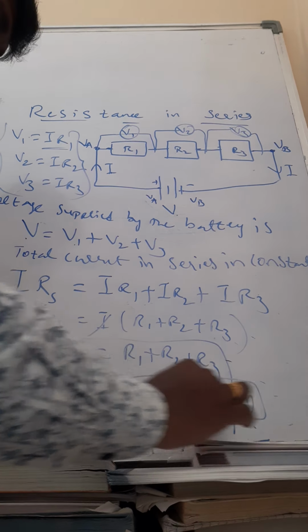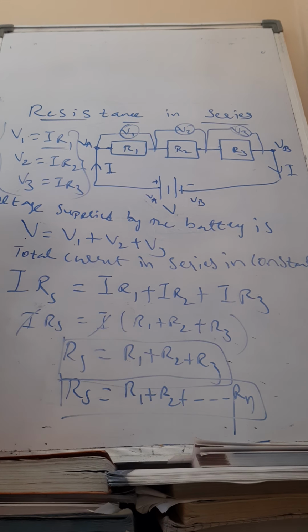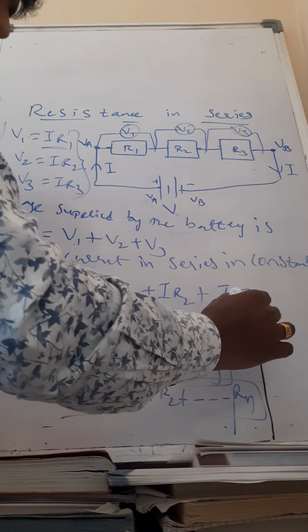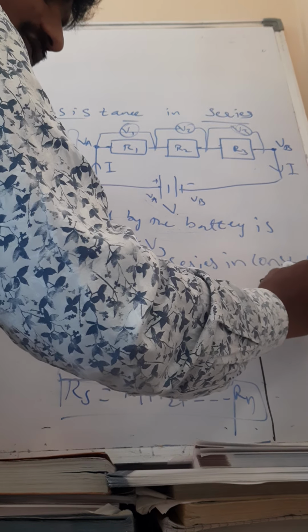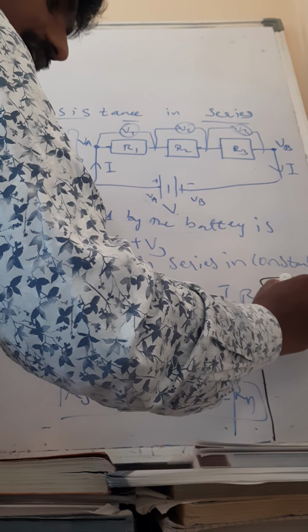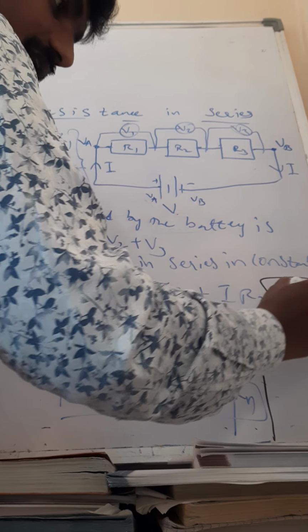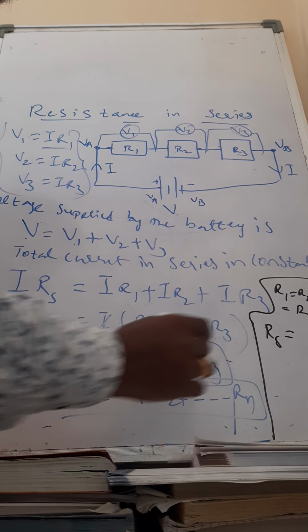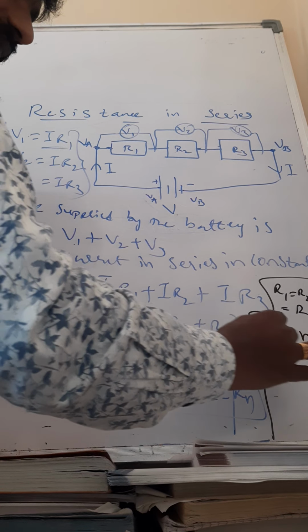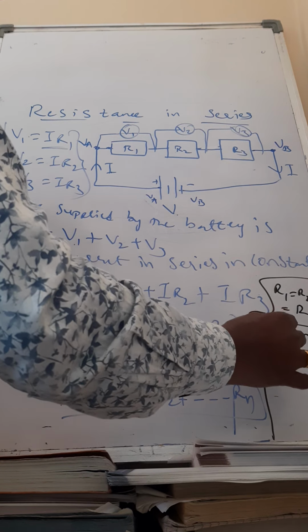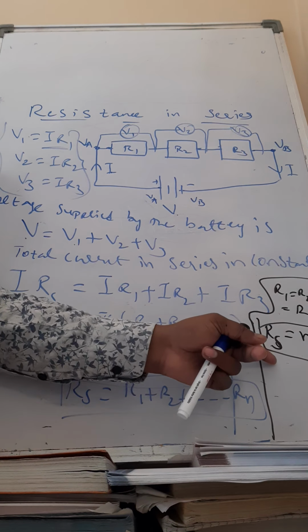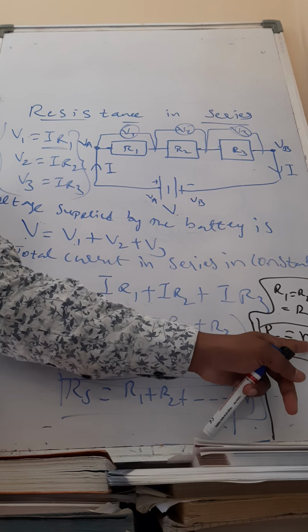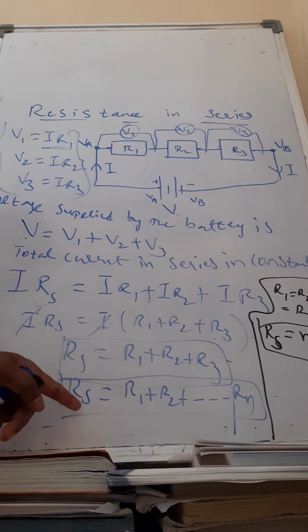If these resistors are identical, meaning R1 equals R2 equals R and so on, then I can write RS equal to n into R. This is the equivalent resistance in the series combination, for identical resistors n into R.